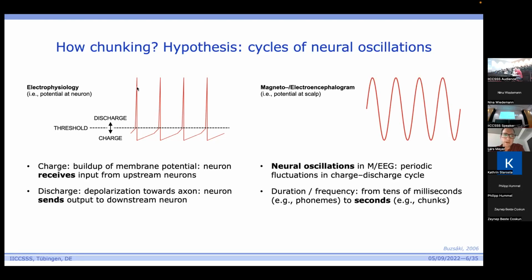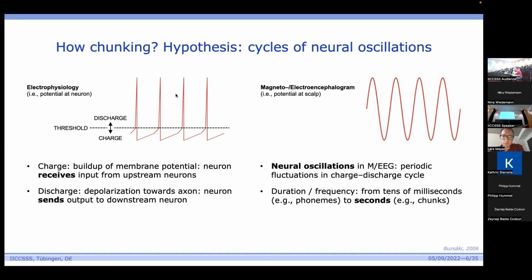So when you think about electrophysiology, you see that it's just a toy model, that it runs in circles. There's one cycle here: charge, discharge, charge, discharge, charge. So it goes on like that, right?